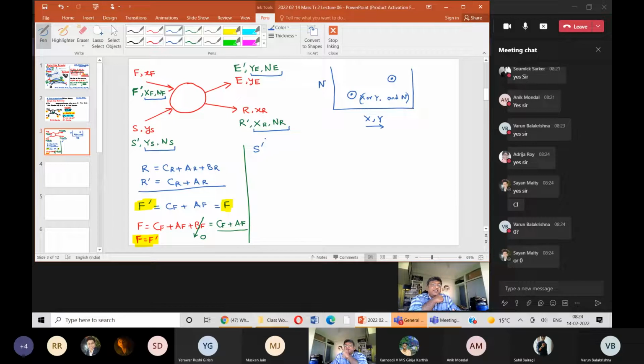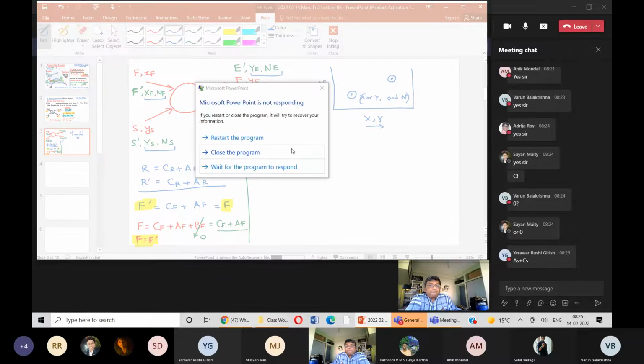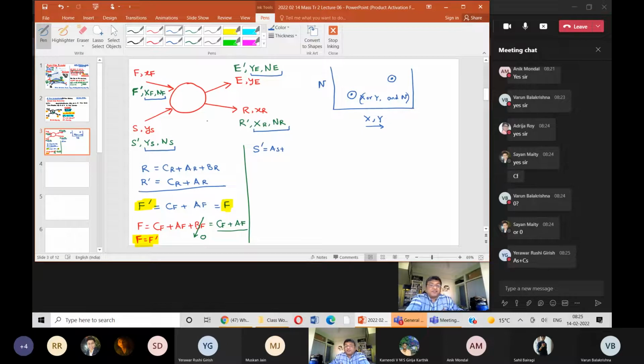Shayan, there is nothing called CF or 0. Others, can you tell? Shomik, can you tell what is S dash? Yes, Rishi. Next, AS plus CS. This is a solvent side. Indeed, it is AS plus CS. Thank God it survived.